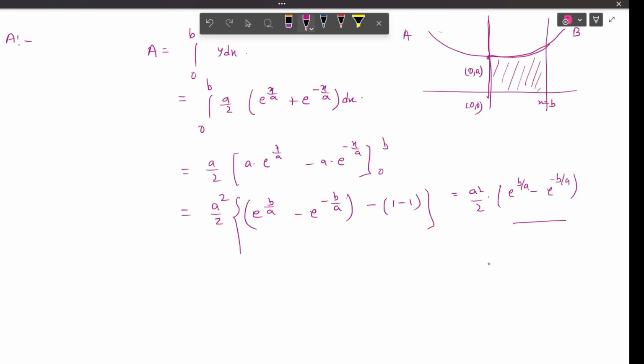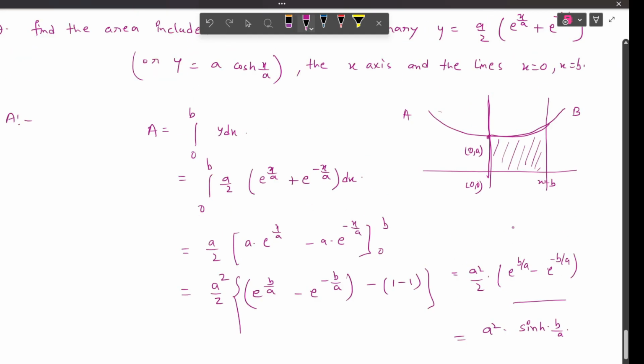And you can say that this is the sine hyperbolic formula. This would be a square into sine hyperbolic b by a. Okay. So this is the area.